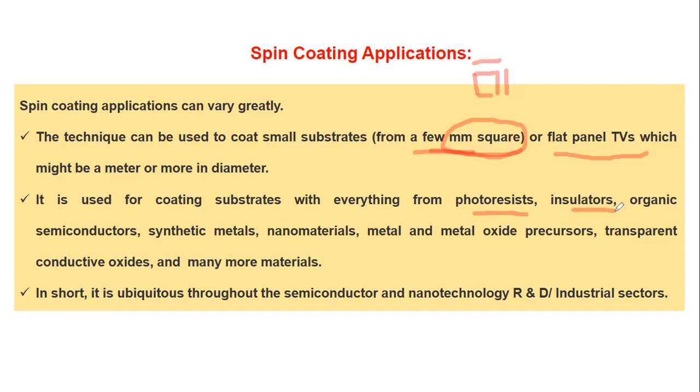In short, it is ubiquitous throughout the semiconductor, nanotechnology and research and development industry sectors. Ubiquitous means widely used in a variety of different directions. So these are the applications of the spin coater.